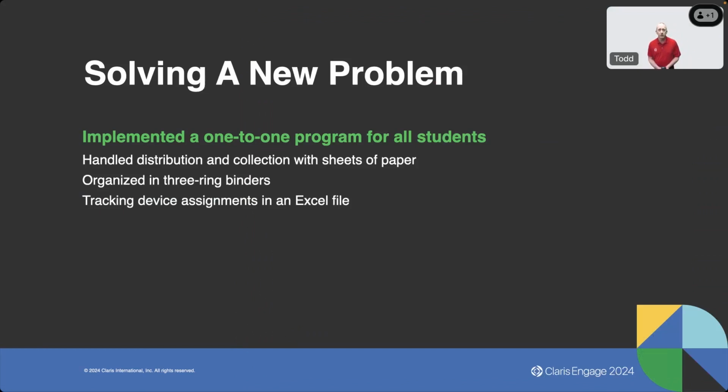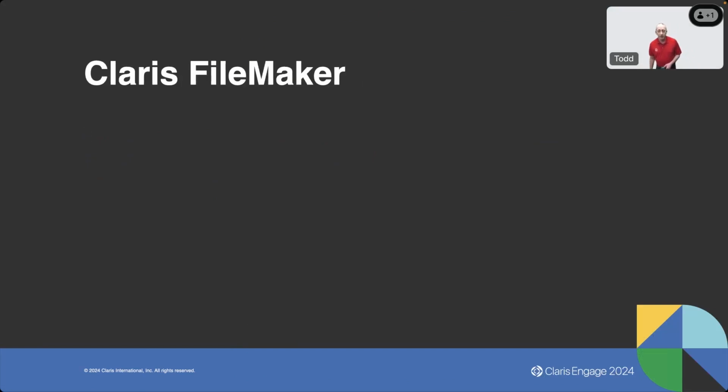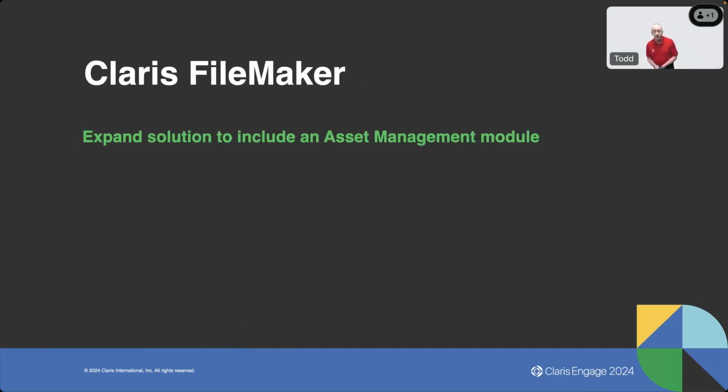So that was how they were tracking things, but they knew there had to be a better way, and because they saw what Claris FileMaker was able to do for their users and getting their accounts created in Active Directory, they approached us to see what we could do. We said, certainly we can do that, and so we expanded their solution to include an asset management module. It was set up as a separate file, obviously still connected to the user database so we could draw on that information.